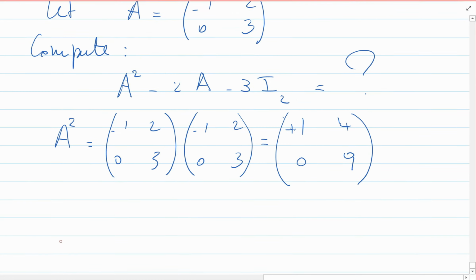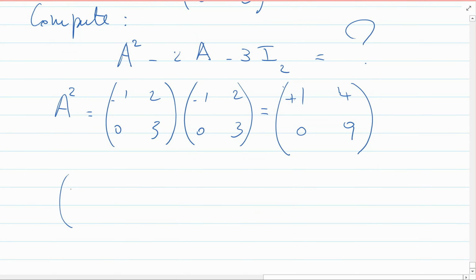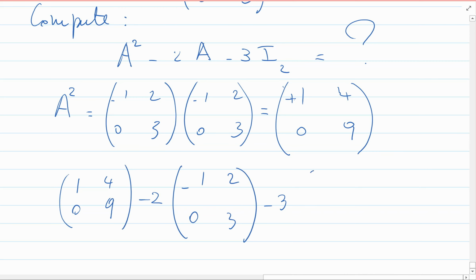Great. So now what do we have? We have A squared, which is [1, 0; 4, 9], minus 2 times A, which is [-1, 0; 2, 3], and minus 3 times I, which is [1, 0; 0, 1].